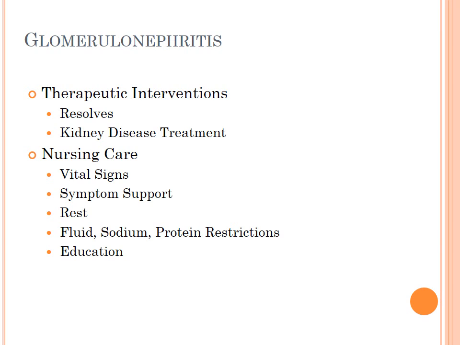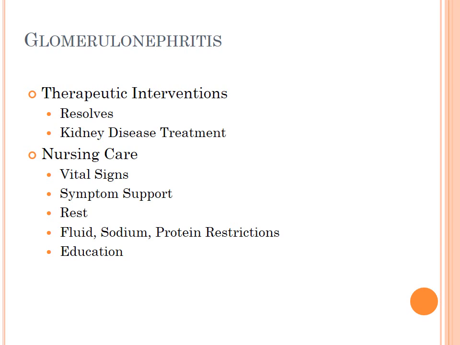Therapeutic measures are going to include treatment for chronic kidney disease if that's present. Otherwise, it normally just resolves. Treatment is going to be for symptoms, so sodium and fluid restrictions may be used, medications for hypertension, and antibiotics for any strep infection. If a person has extreme fluid overload, they may need to be on dialysis.